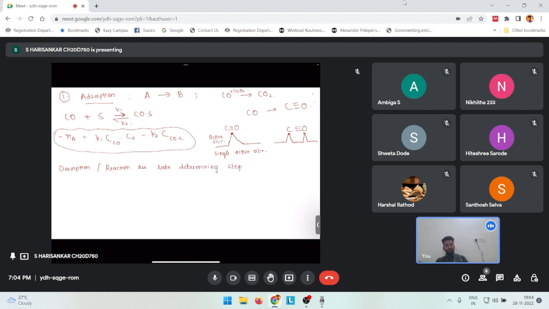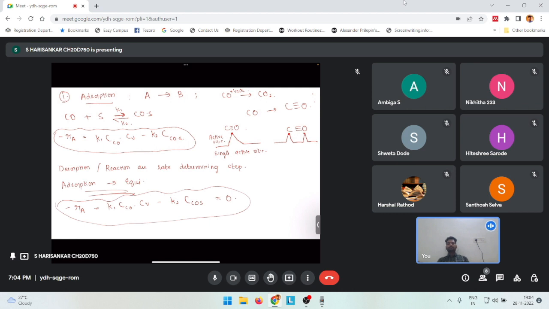Any one of these, desorption or reaction, can be the rate determining step. What that means is adsorption will be in equilibrium, right? So that means minus Ra, which is K1 CCO into Cv minus K2 CCOS, will be equal to 0. So this is what you mean by your adsorption being in equilibrium.